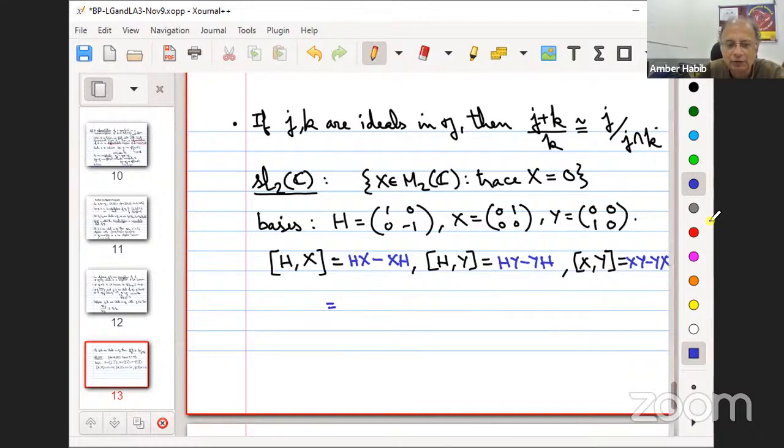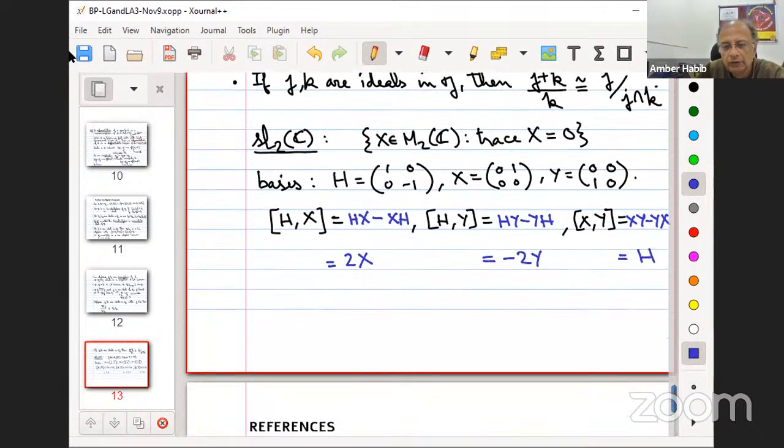So let me just tell you what you get. H bracketed with X turns out to be 2 times X. H bracketed with Y turns out to be minus 2 times Y. X bracketed with Y turns out to be H. So in this case, the bracket relations have turned out to be pretty straightforward.